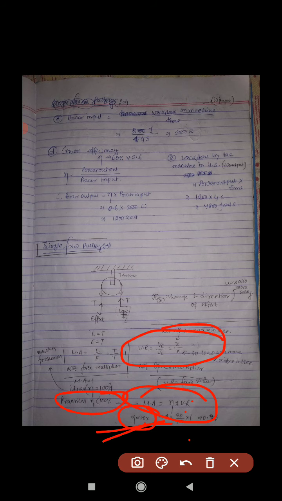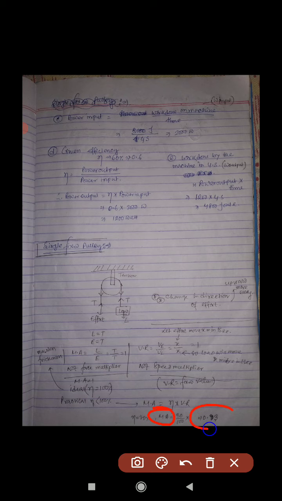Mechanical advantage can vary, but the velocity ratio is constant. For a single pulley it is constant. For first, second, and third class levers also, and for the movable pulley, which I will teach after this single fixed pulley, the velocity ratio is always constant. The velocity ratio is 1 here, so the mechanical advantage will be 0.3.